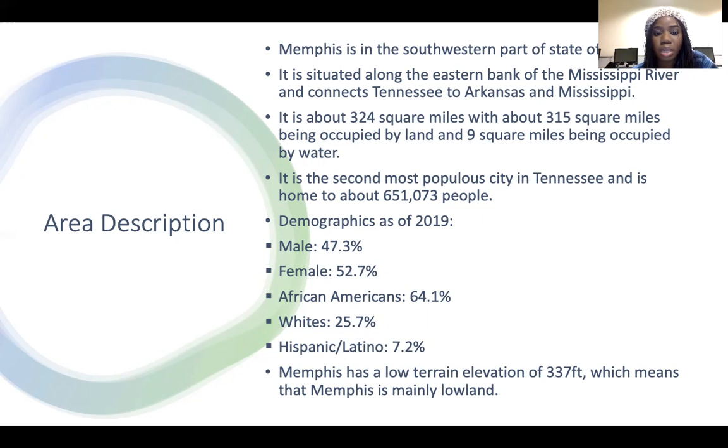It is made up of 47.3% male, 52.7% female, 64.1% African American, 25.7% white, and 7.2% Hispanic or Latino. And Memphis has a low terrain elevation, so it can be classified as mainly a lowland.